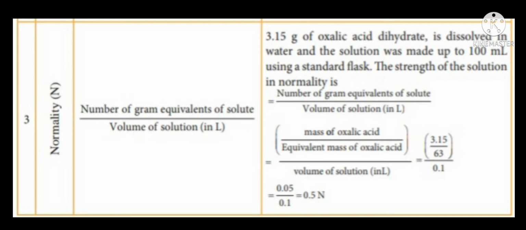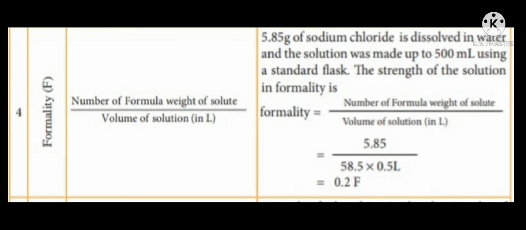After simplification, we will get 0.05 divided by 0.1, which is equal to 0.5 n, where n represents normality. Next one, formality.